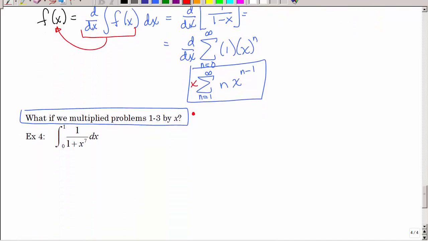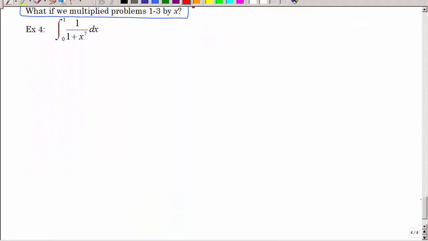Let's look at the last example. This is really why we do this, is integrals like this. This integral fits no known technique of integration that we've learned or that we will learn, except for using it as a series. How can we integrate that?